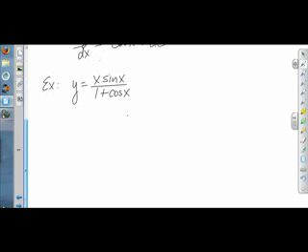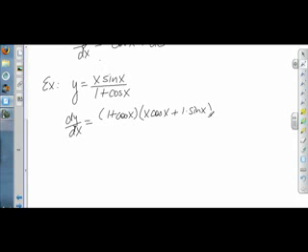So if we're going to differentiate that function, thinking about the quotient rule first, bottom function times the derivative of the top. Now to differentiate the top, we have to use the product rule. First times derivative of the second plus the derivative of the first times the second.